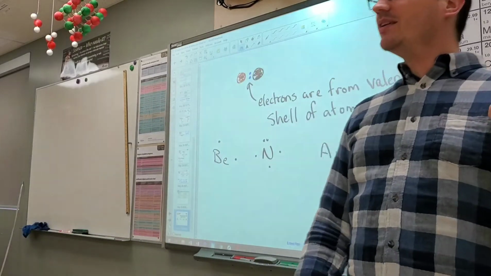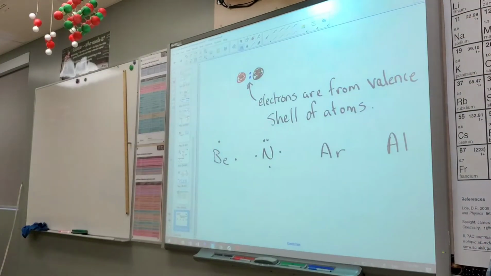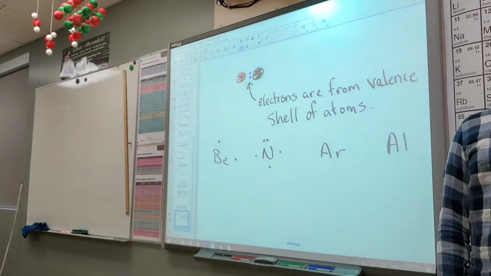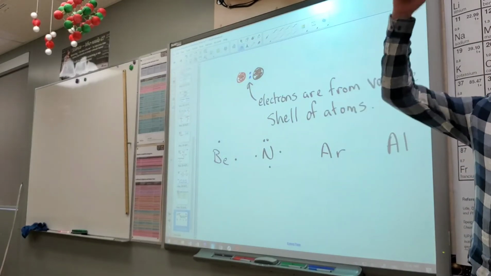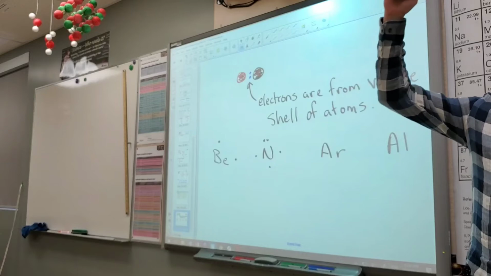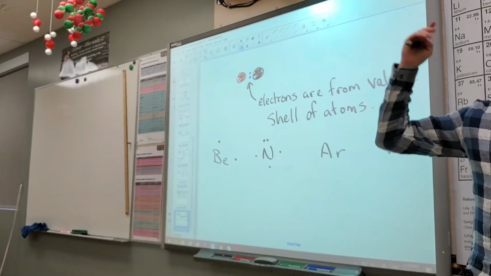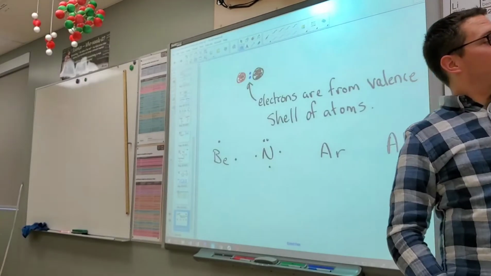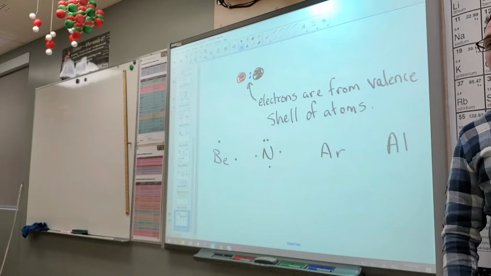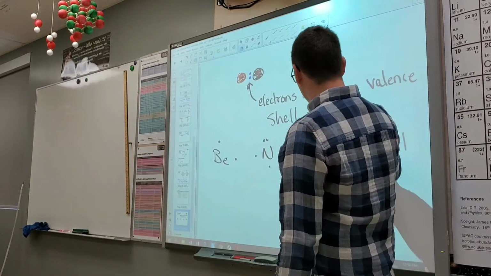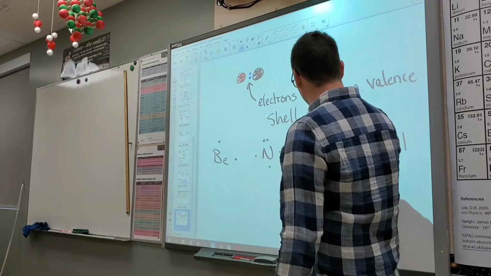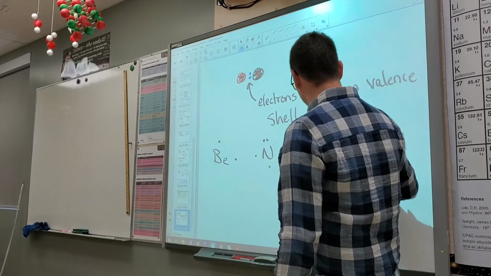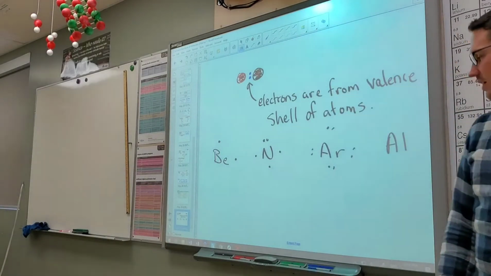Argon. How many valence electrons does argon have? What energy level is it in? What row is it in? It's in the 3rd row, and it's all the way across. So how many electrons? 8. 1, 2, 3, 4, 5, 6, 7, 8. That looks terrible, but whatever, that's fine.